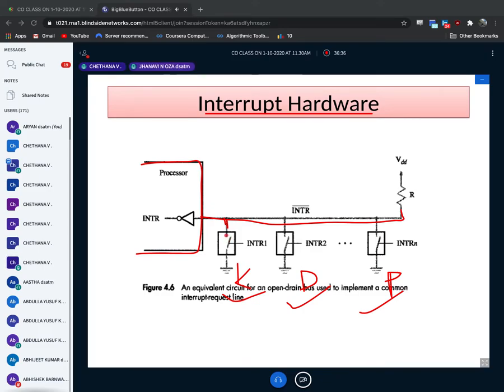Whenever a switch is on, that means this device is requesting service by the processor, or the processor is requesting service from this device. Are you agreed? If the switch is on like this. Now I'll remove this. Remove means this switch is open. Switch open means this is not required. There is no connection between your processor and the device.